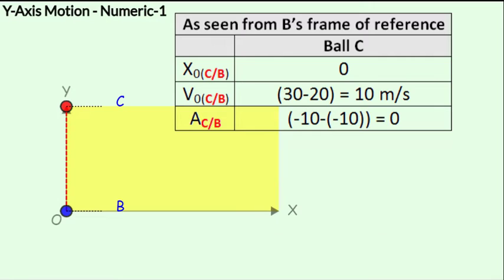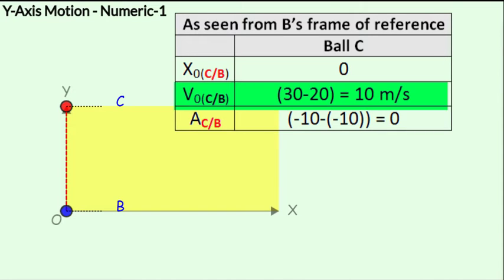The initial displacement of C with respect to B is 0 as they start out together. The final displacement of C with respect to B is the distance BC, which we need to find out. That will be the separation between B and C after a time of 3 seconds.